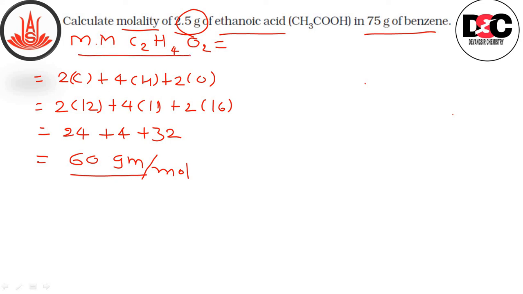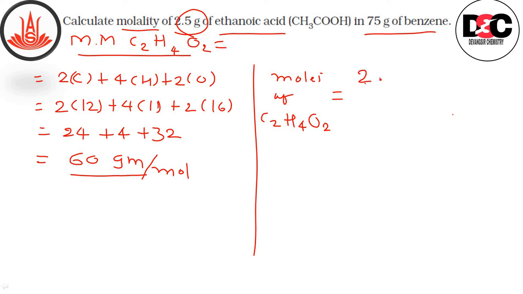Then now find the moles of it. Second step, moles of C2H4O2 is equal to weight upon molecular weight, that is 2.5 gram upon molecular weight we have calculated, that is 60 gram.